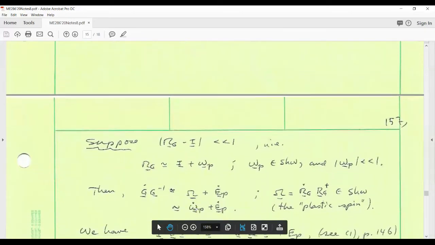And as before, that means R_G minus the referential identity is approximated at leading order by a skew tensor. We'll call it omega sub p, for plastic. You can then verify that if you take the transpose of this and multiply it together with this, you'll get the referential identity if you neglect terms of the size of the square of this norm. So that's essentially the same discussion we had before.